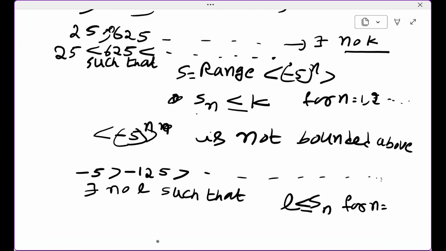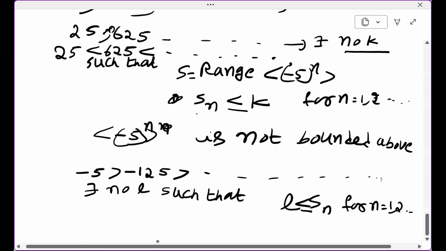There exists no number satisfying this, because there is no least negative number. If at all it exists, the lower bound always comes from the least among the negative values. The greatest among the positive values will give you the upper bound. There is no greatest term here, so it is not bounded above. There is no least term, so it is not bounded below. Therefore, the sequence is not bounded below.